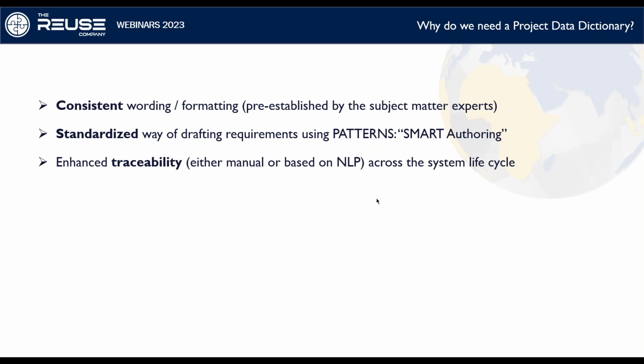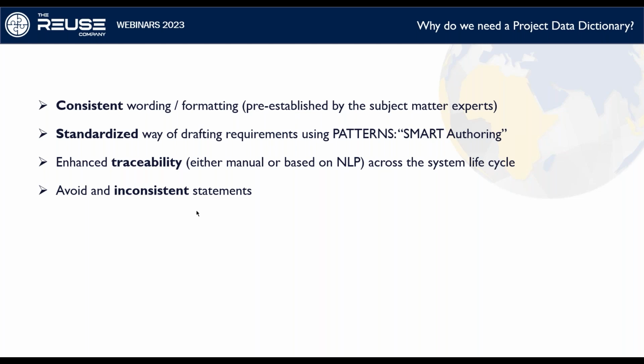Enhanced traceability, so either manually tracing the objects or just using NLP algorithms to do so. The fact that the structure is standardized and that the wording is the same can easily help match different objects. So I'm talking about the same concept. I'm providing the same service to a user, so that would be easily traceable, even from algorithms if you have a proper standard language and structure.